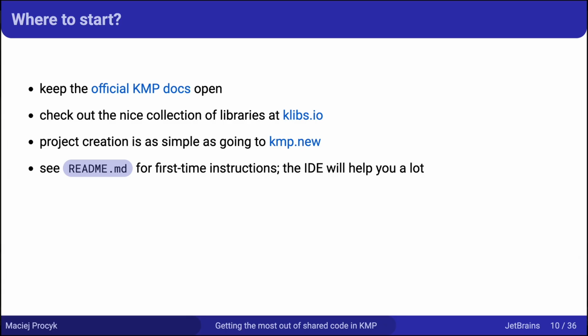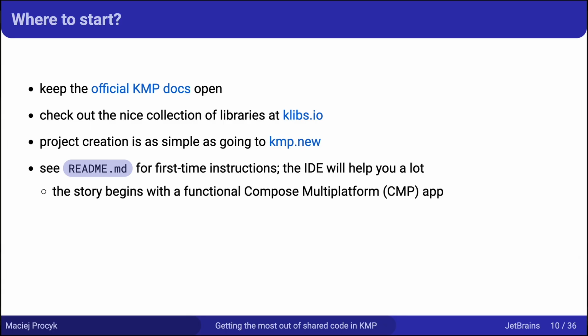So what's important about the project generated from this wizard? It's mostly Compose Multiplatform projects, which build the common UI for all of the targets in most of the cases. But you can easily extend it to, for example, behave differently on different platforms.